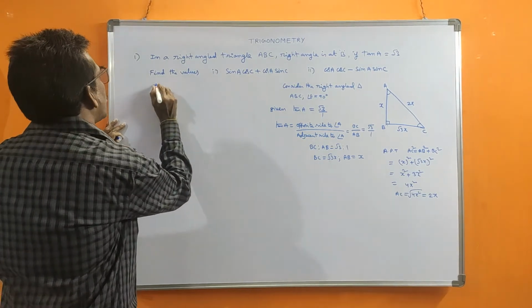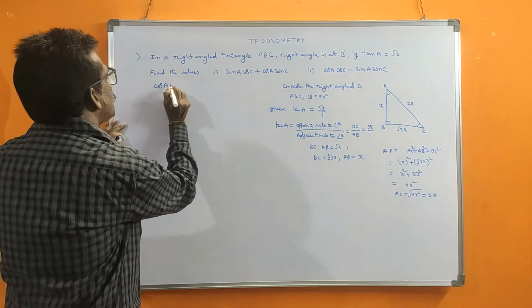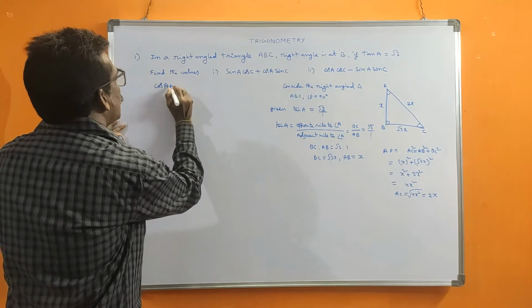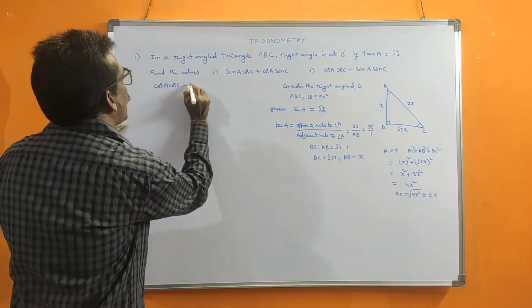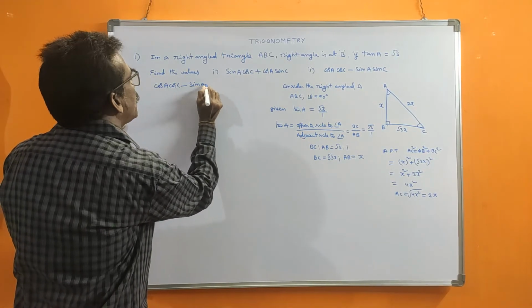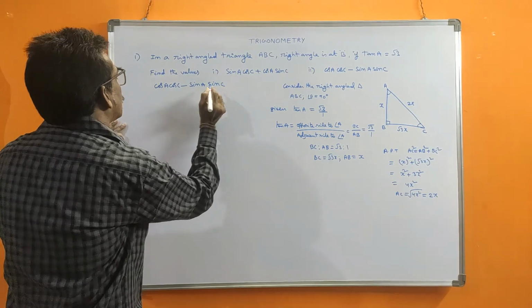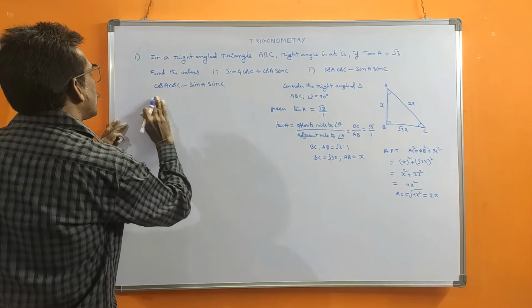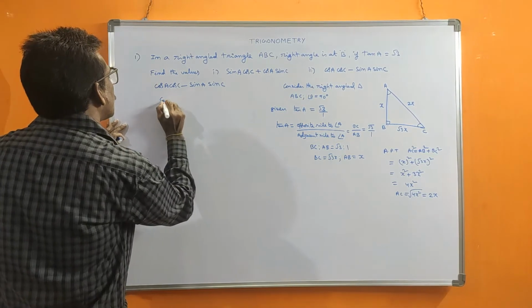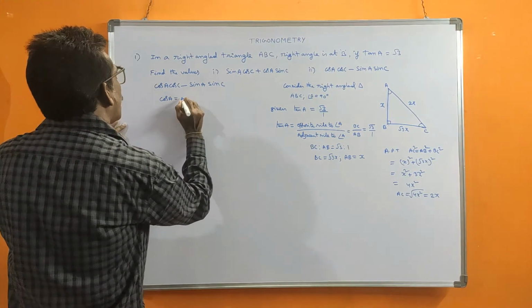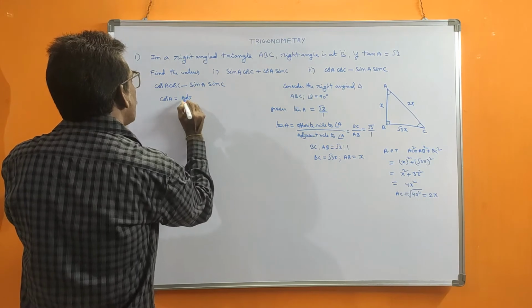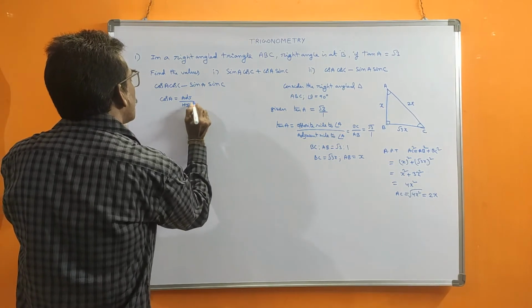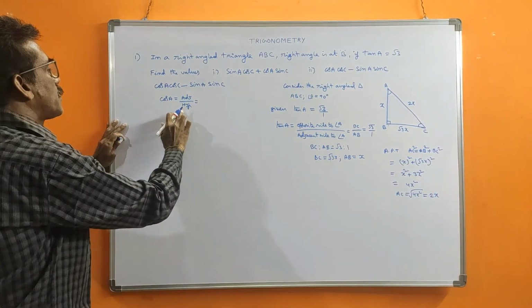Now what is he asking? He is asking cos A cos C minus sin A sin C. So for this, first calculate individually. Cos A. Cos is adjacent side by hypotenuse.